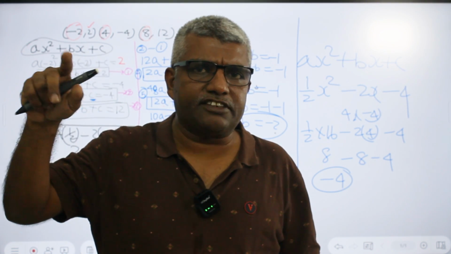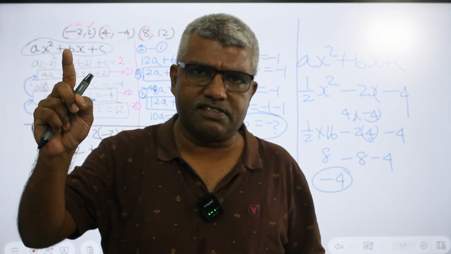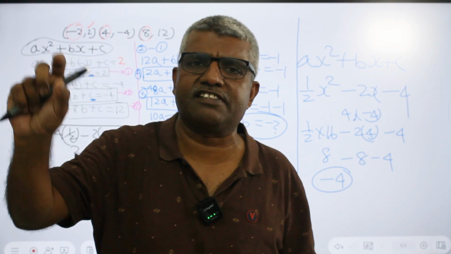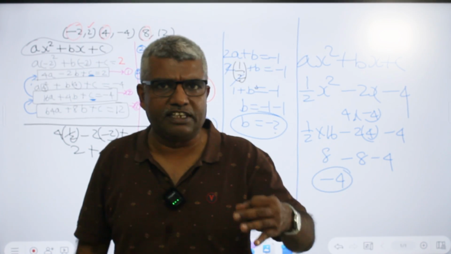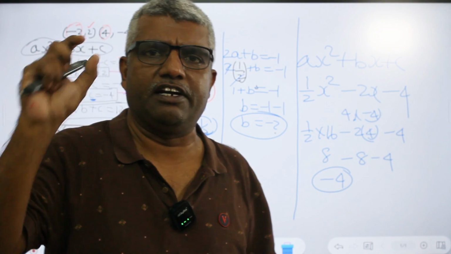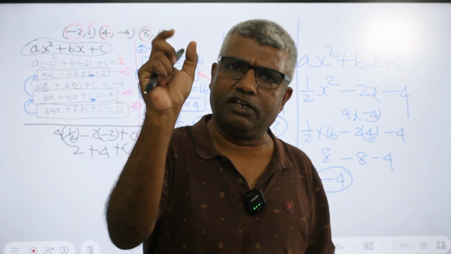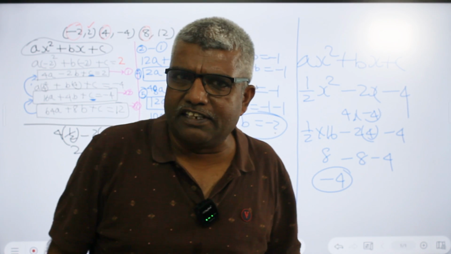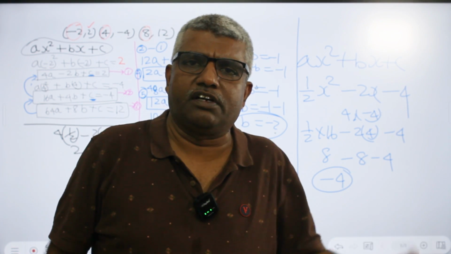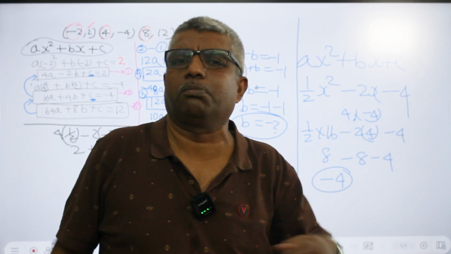In ax squared plus bx plus c, c is always a constant, as it doesn't have any x. So all the equations 1 to 3 will have only a plus c value, not 1c, 2c. So you can easily do 2 minus 1 or 3 minus 1 or 1 minus 2, 1 minus 3.